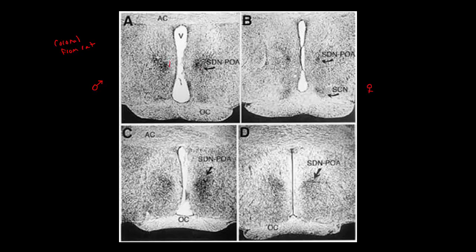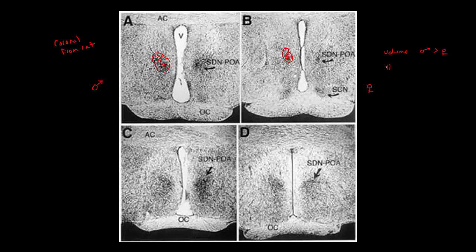So in the male, we can draw something like this. Okay, that's the SDN-POA. In the female, we can draw, it's a little harder, right? But we can draw something like that. If we look using Cresyl violet, that volume of the nucleus, males are greater than females.